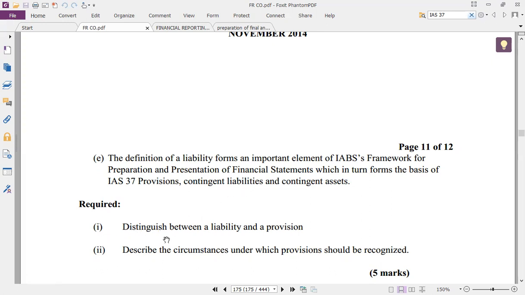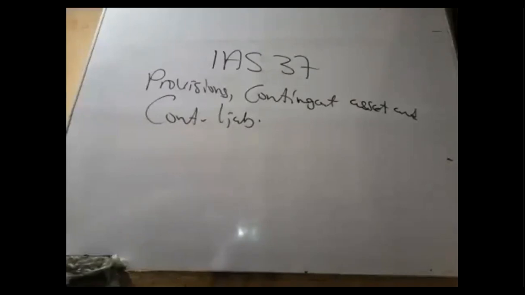Required: distinguish between a liability and a provision, and describe the circumstances under which a provision should be recognized. I like this question. So first, let's go to the board.